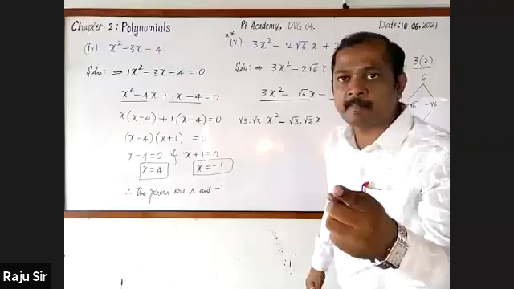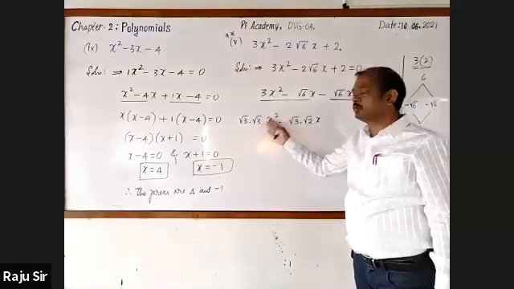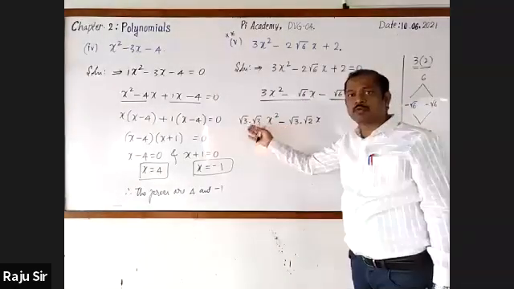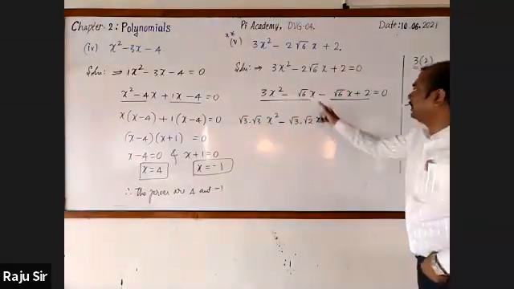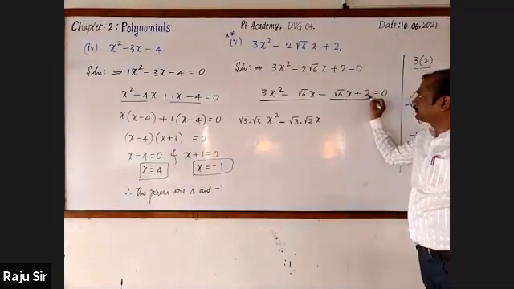Sir is saying root 3 x should be there for root 3x, root 3x. Root 3 both are same only. Root 3x, root 3x. It is root 3 into root 3 into x square. Observe. Here root 6 is there. 6 is the multiple of 2.